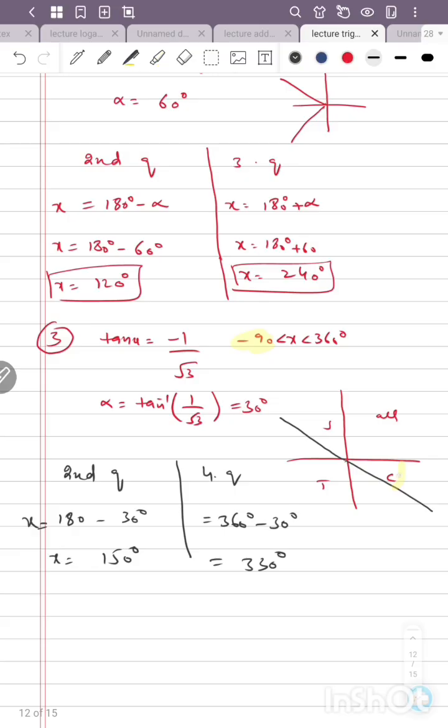If we go in reverse working, x will be minus 30, because it starts from zero, its starting point is zero, and it moves against our quadrant system. So we got the answer minus 30, 150 and 330. These are our answers.